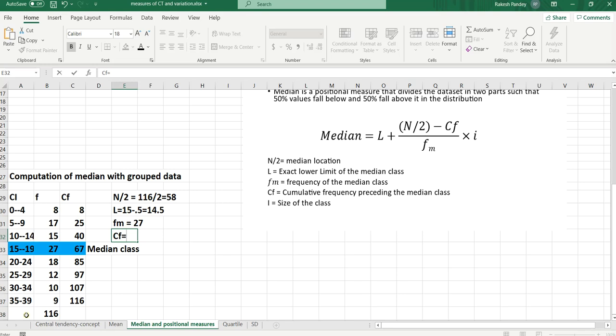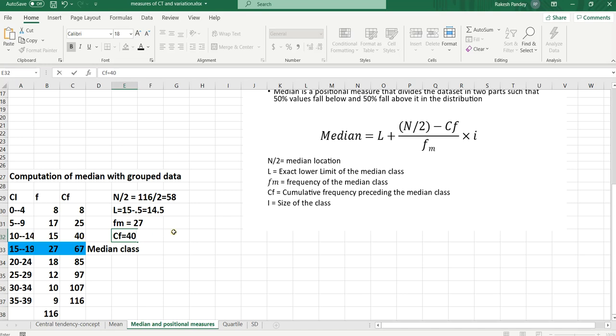Suppose the data is arranged in reversed order, starting from 35 to 39, then the preceding will change. It will be below this. So don't consider preceding as above or below the median class. Preceding means that class which has a class interval range lower than the median class. So the cumulative frequency preceding this class, that is the class 10 to 14, is 40. So we will write this value 40.